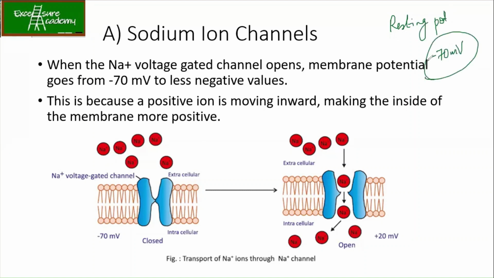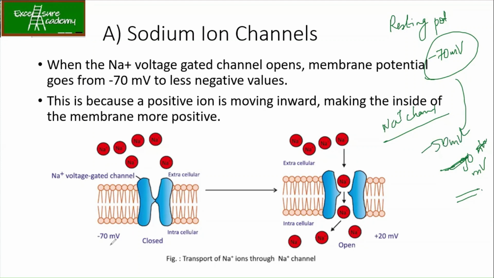If the Na plus channel opens, it is becoming less negative, because a positive ion is moving inward, making the inside of the membrane more positive. So it is becoming -50, let us say.